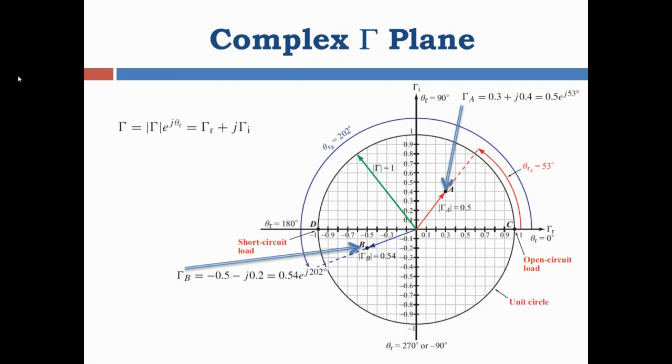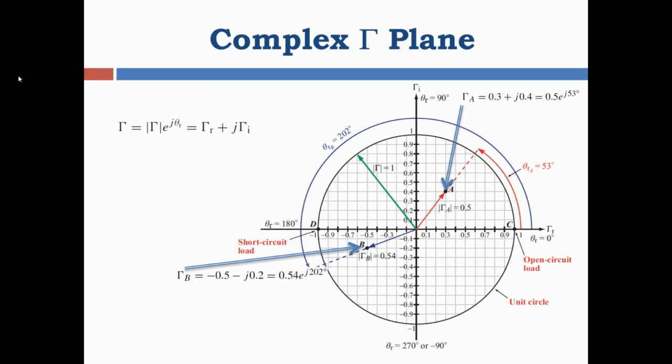It is just millions of dots of different gammas, depending on what the load is, and the whole thing becomes a circle with millions of points on it.